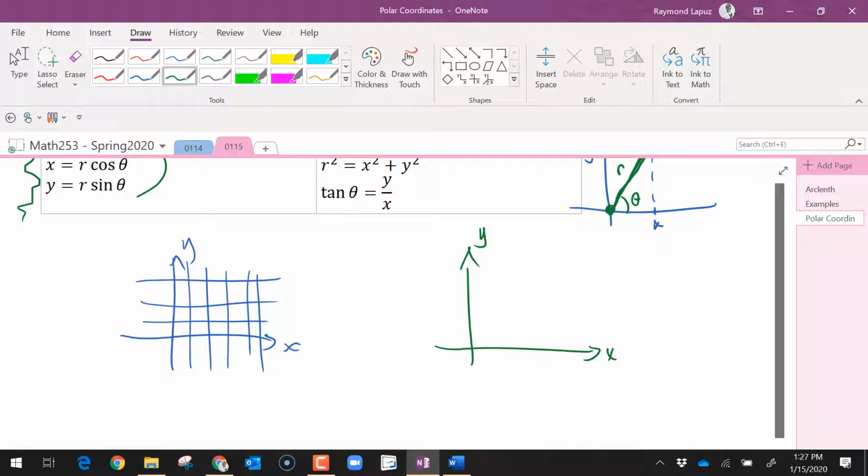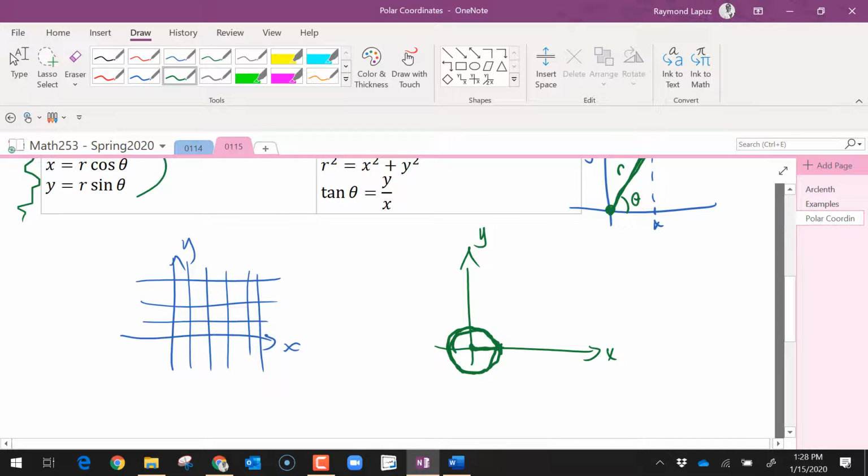What is r again? Radial distance. So what if I say my r is equal to 1? If my r is equal to 1, I'm looking at a length of 1, right? And you guys are already saying circle. Why? All these points come from a radial distance of 1 with just different values of theta, right?